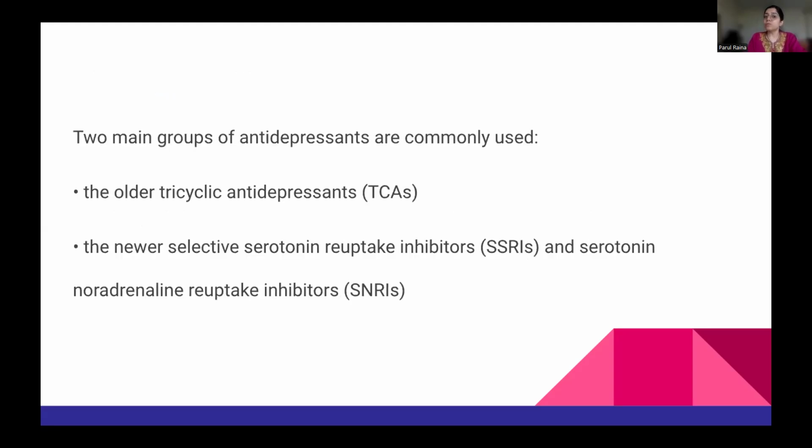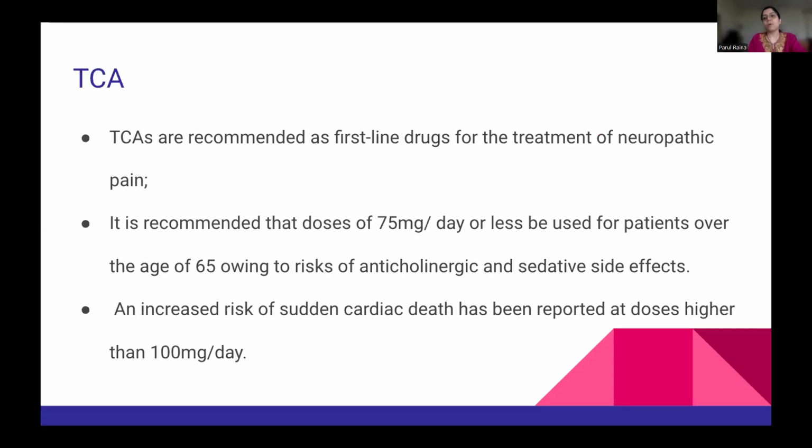The two main groups of antidepressants which are commonly used are the older ones, which are tricyclic antidepressants, and the newer selective serotonin reuptake inhibitors and serotonin noradrenaline reuptake inhibitors. So what about the tricyclic antidepressants? They are recommended as first-line drugs for the treatment of neuropathic pain. They can be given at a dose of 75 mg per day, but we have to start at a slow dose.